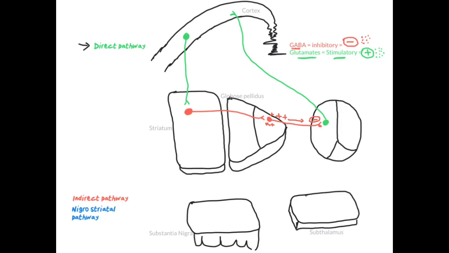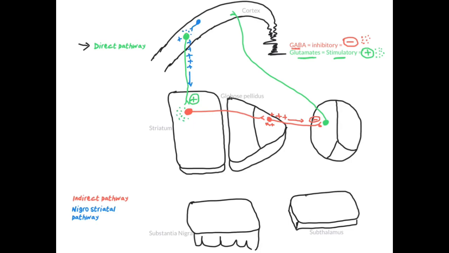But when you are not at rest, what happens? The stimulus will come from the cortex, and it will stimulate these neurons. When they are stimulated, the action potential will flow all the way down, and glutamate will be released.